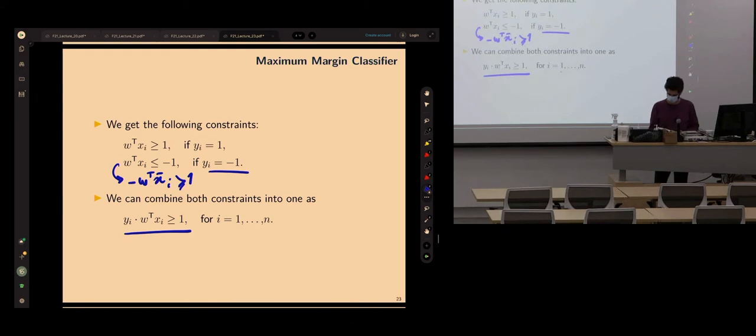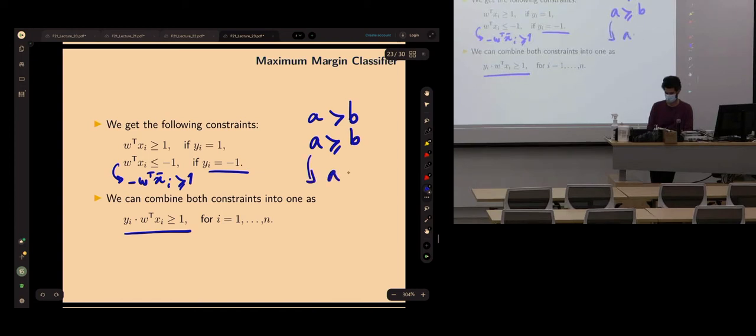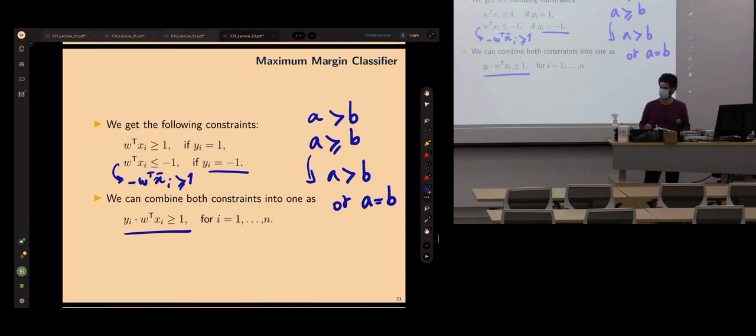That's good, and that's true for all the points. These are called inequalities: A greater than B means A greater than or equal to B. Both are acceptable.